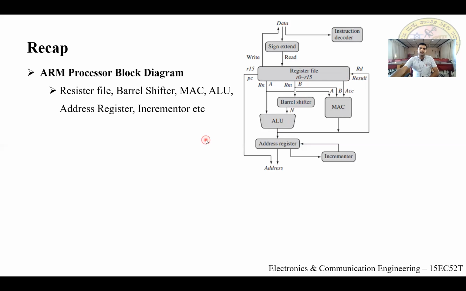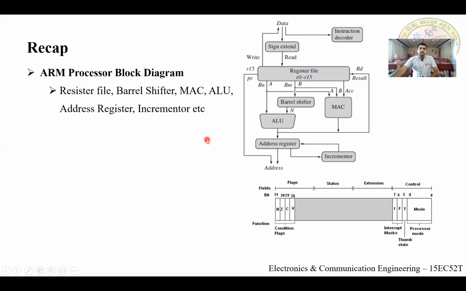Next, we studied the CPSR, the current program status register. In the CPSR, we have mainly two fields: the control field and the flags.